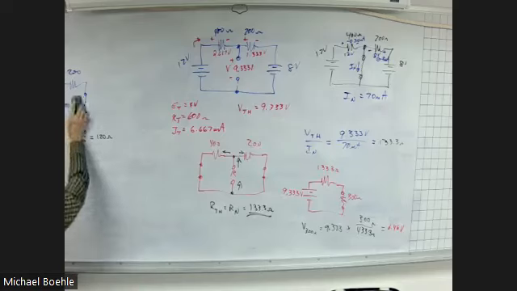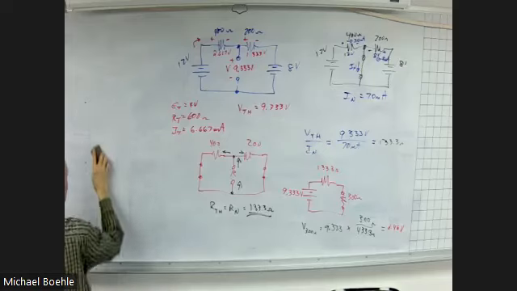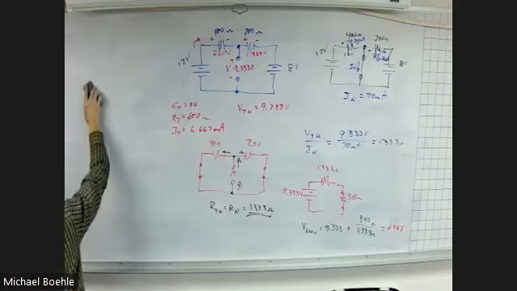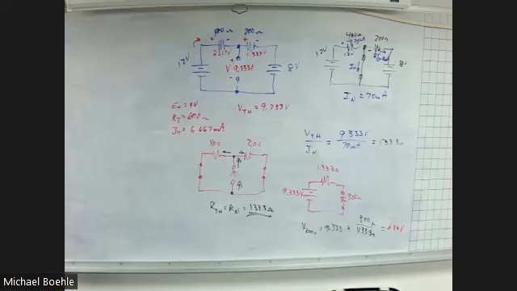Now we've learned a number of methods with multiple sources, right? Superposition, I can use source conversion, a lot of different ways. But these 3 methods are basically going to use 3 laws. Ohm's law, Kirchhoff's voltage law, Kirchhoff's current law. That's it. Okay? That's it.